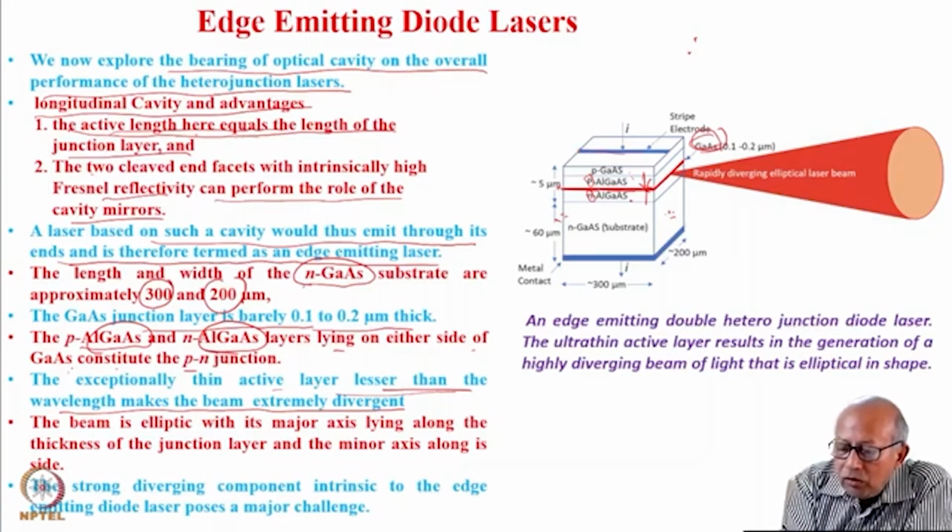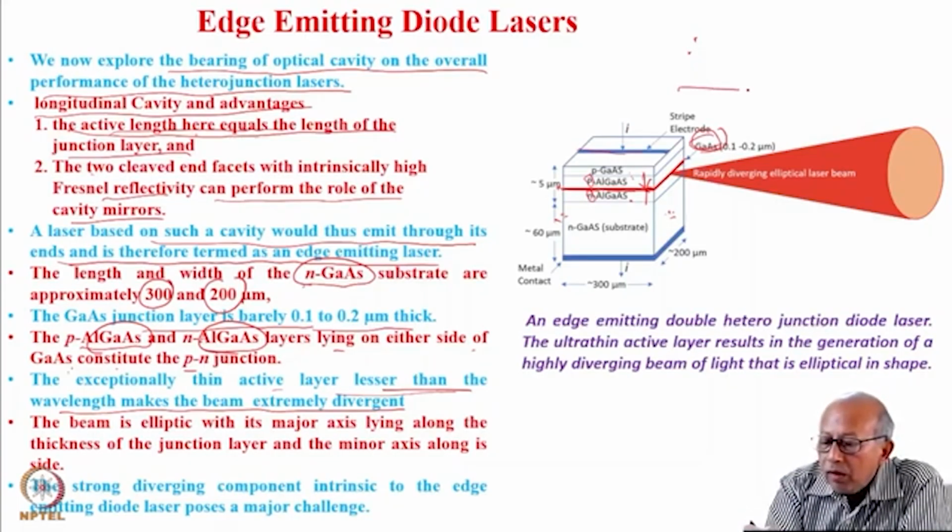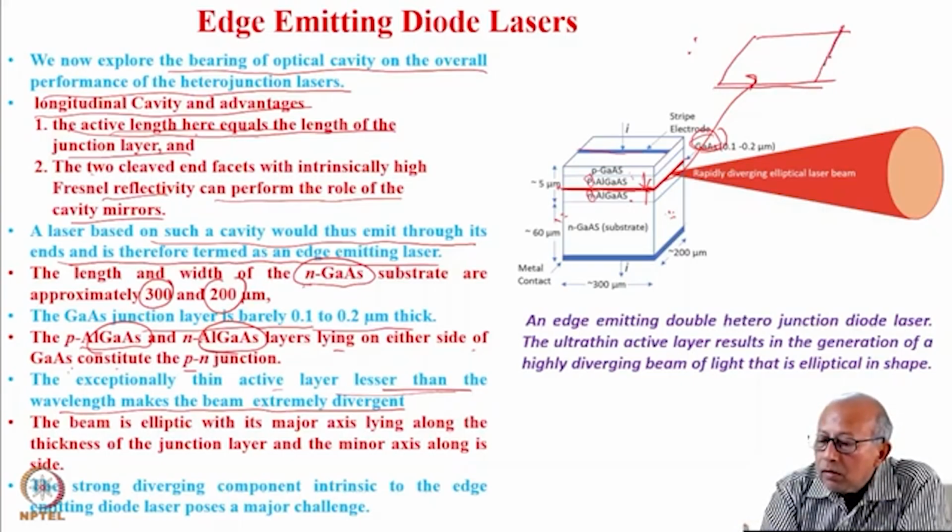So the current actually flows. If you look at this active layer, its thickness is 0.1 micron.